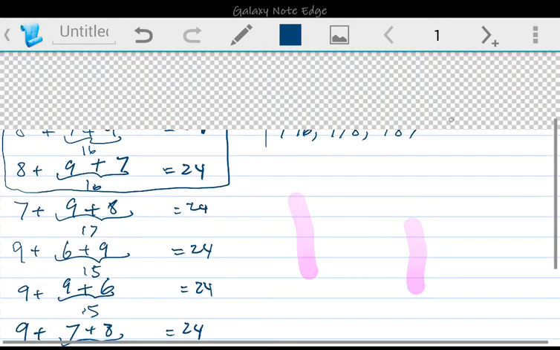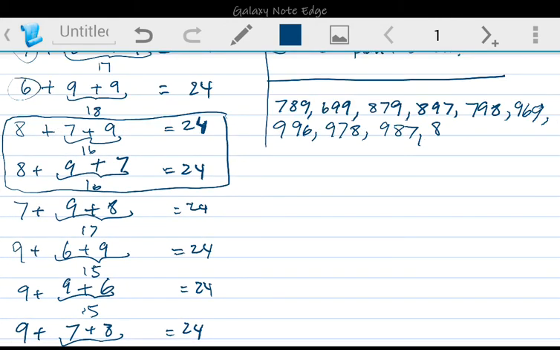So the one more number here is 8, 8, 8. So we have 1, 2, 3, 4, 5, 6, 7, 8, 9, and 10. 10 total numbers.